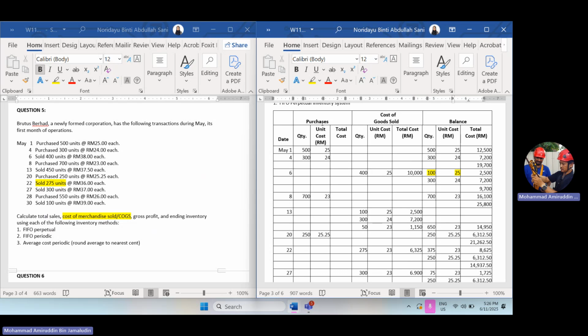So they don't have opening inventory. Why do you have opening inventory? Because last period, you produced goods but you haven't sold them yet, so you carry forward to the next period. That's why you have the opening inventory.